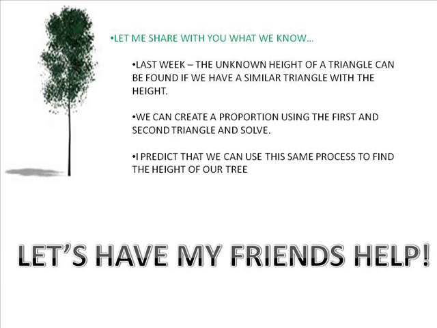Last week, we did some work where we worked with triangles. And they were similar triangles. And we found out that we could find the height of one triangle by knowing the length and height of another triangle, as long as they were similar triangles.